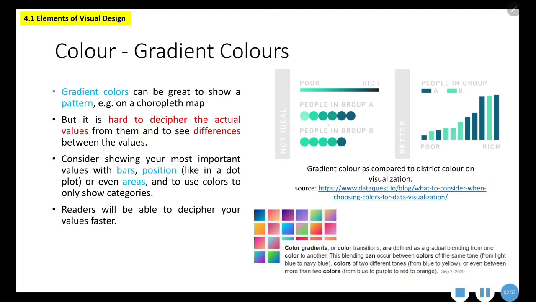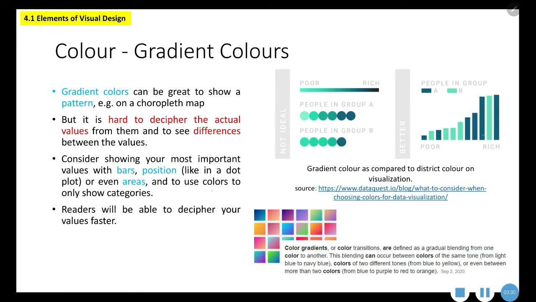For example, this is not the ideal situation and this is the ideal situation. We have two categories of people, A and B. If we use this area like this or this dot, it's harder for the reader to pick up or read the information. But if we present it in this bar graph representation and we don't blend the colors, we can see that for A people or B people, we can differentiate them between the category of poor and rich.